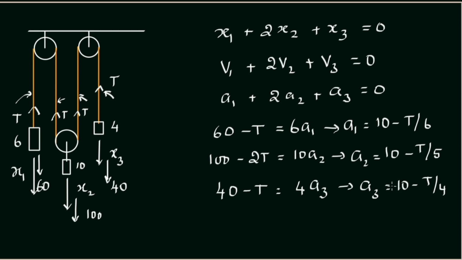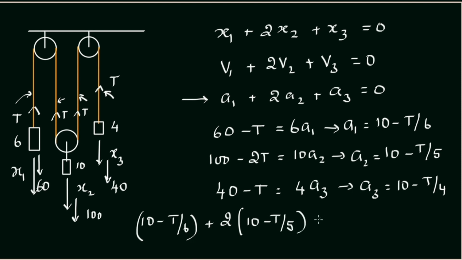So we take this a1, a2 and a3 and substitute them into the constraint equation. So let me do that. a1 is 10 minus T by 6 plus 2 times a2. a2 is 10 minus T by 5 plus a3, which is 10 minus T by 4, and the whole thing is equal to 0, and we solve this for tension.